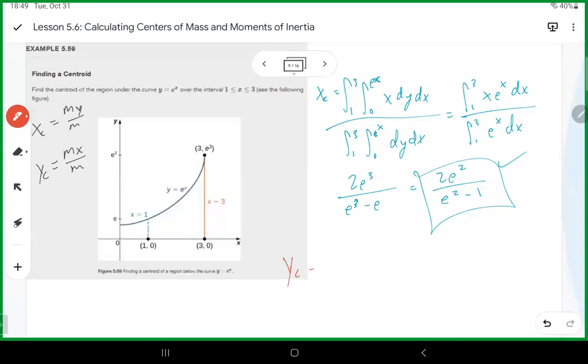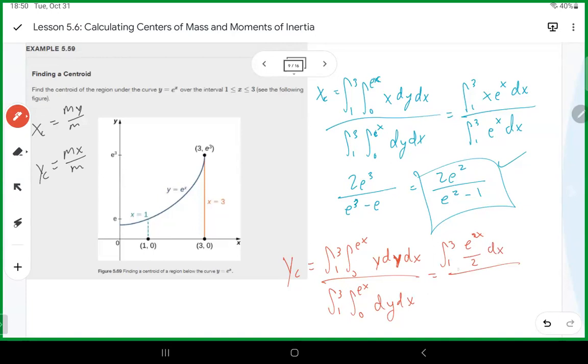So y sub c is going to be the integral from 1 to 3, 0 to e to the x, y dy dx over the integral from 1 to 3, 0 to e to the x, dy dx, and it's the integral from 1 to 3 of e to the 2x over 2 dx over the integral from 1 to 3 of e to the x dx.